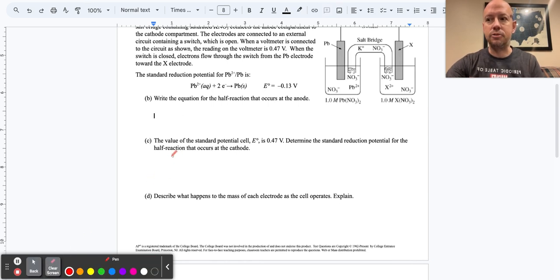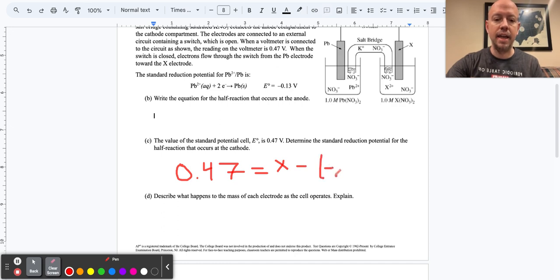So really quick, I'm going to try to write this right there. We know our standard reduction potential, or our overall voltage, is 0.47. We could think that has to be our cathode, our reduction, minus our anode. Kind of ugly there, but we know that this is the anode.